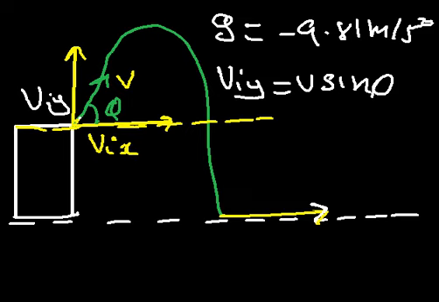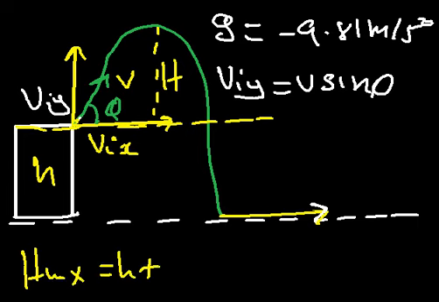And you should also understand that, let's say the height of the building is given as h, and the maximum height here has been calculated as a capital H. Which means the overall maximum height of the object from the ground will be given as h max equals h plus H. So this is the height of the building, and this is the height of the object from the top level up to the maximum point.